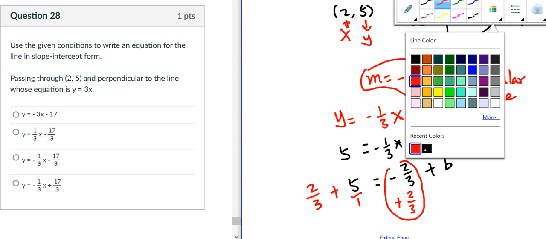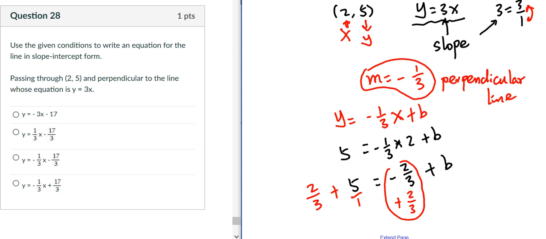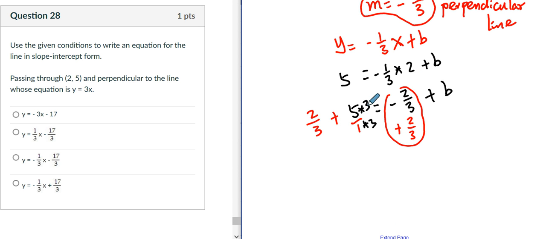You want a common denominator, so you multiply by 3 here and 3 here. You should have a 3 downstairs on both. Upstairs is 3 times 5, 15, plus 2, which gives 17. Downstairs is 3. So b comes out to be 17 over 3.